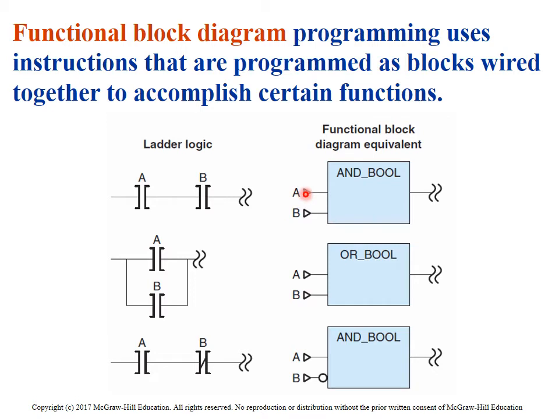In an OR statement, A or B has to be on in order for the device to be on. And here we have A and not B have to be on in order to turn on the output. So it's really that basic. It's nothing more complicated than that.